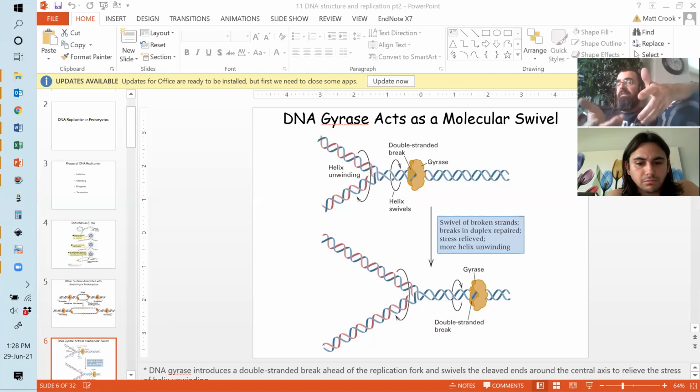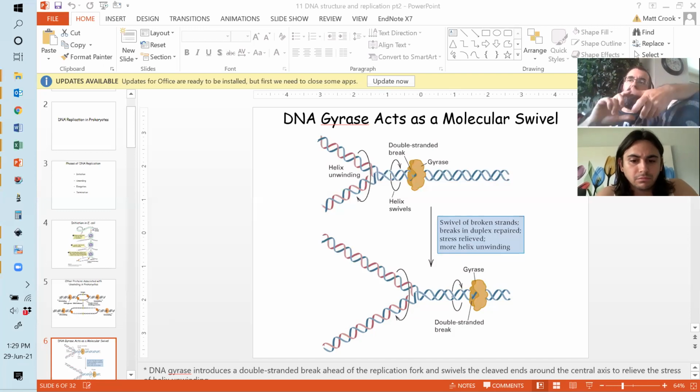Again, it's kind of like parroting Newtonian physics: every action has an equal and opposite reaction. If you're opening DNA, essentially you're trying to close DNA more elsewhere, because you can't close DNA any more than the double-stranded helix, so you're making that DNA twist tighter.